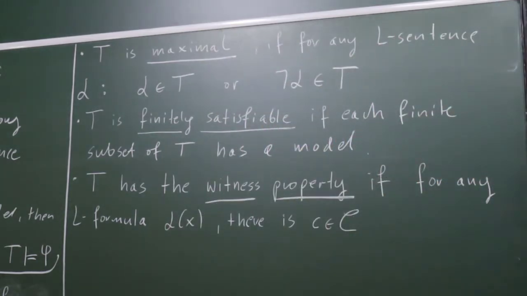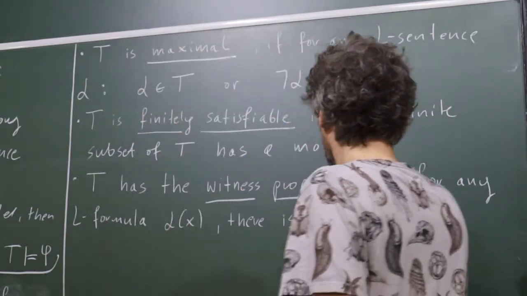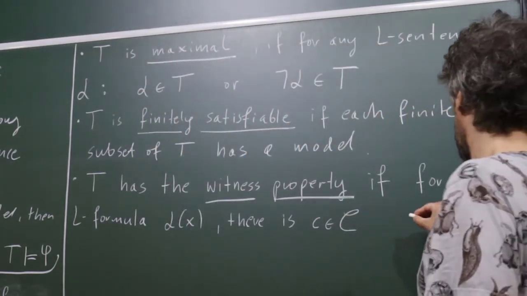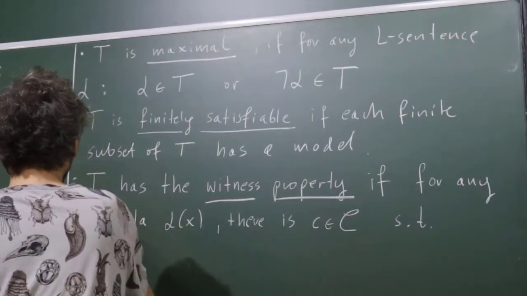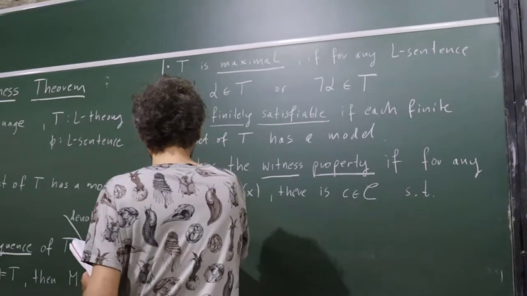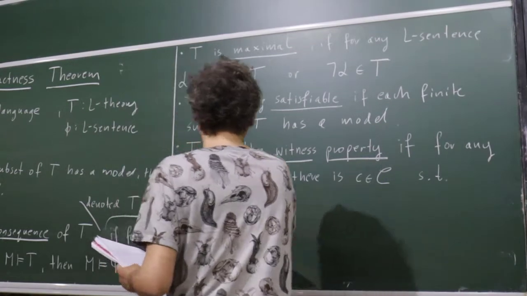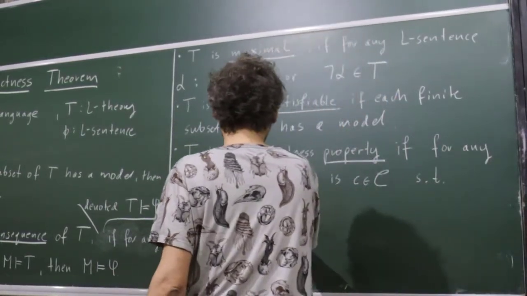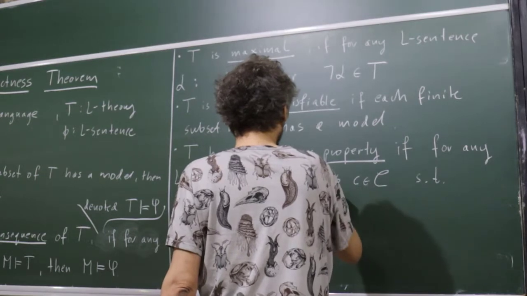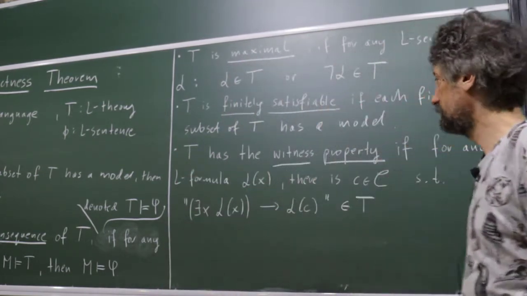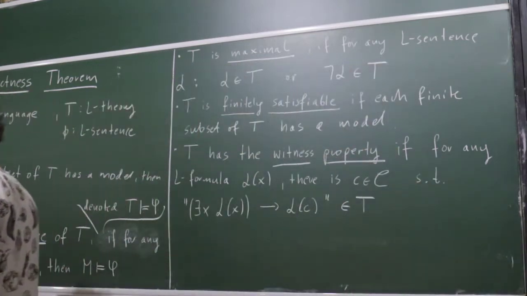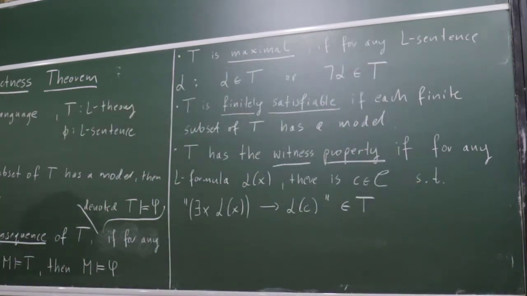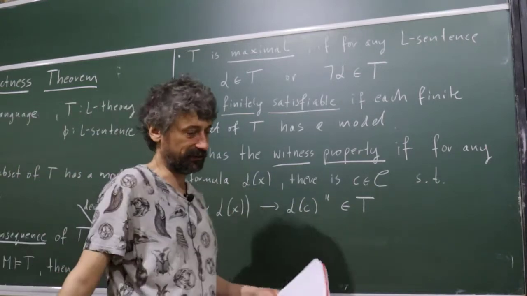Usually we have few constant symbols, and here for each formula we have a constant symbol. You should think that for any formula which you may think is somewhere satisfied, there is a constant symbol witnessing it.